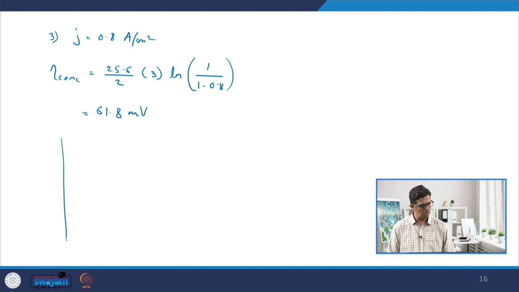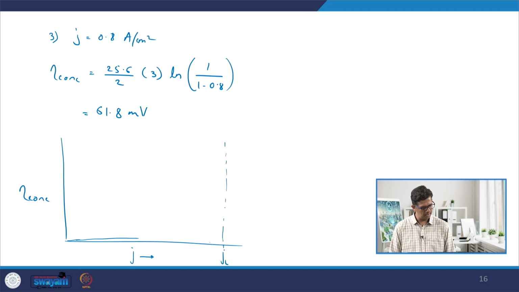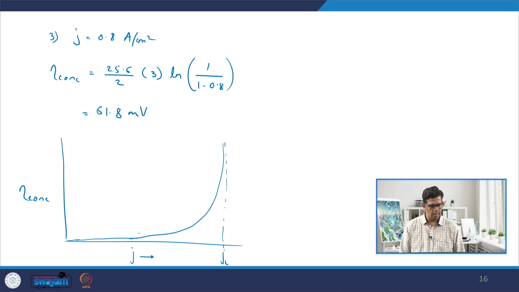So if we try to draw the concentration losses with respect to current density, as we can see, they will increase slowly, and if this is our limiting current density, they will shoot up as and when we draw more and more current.